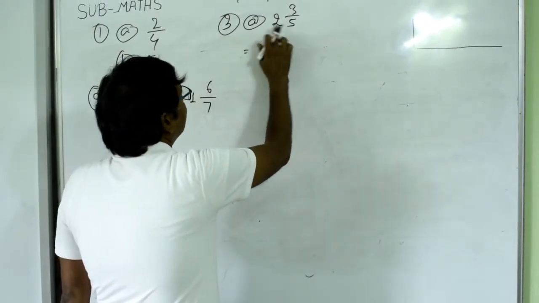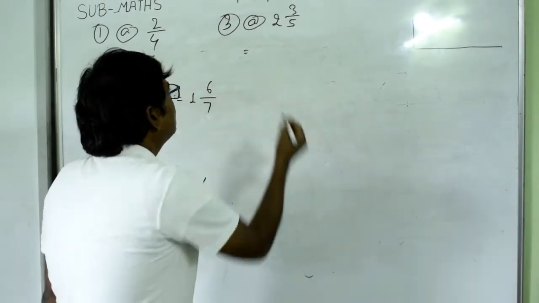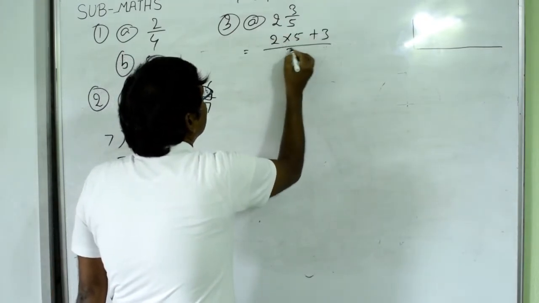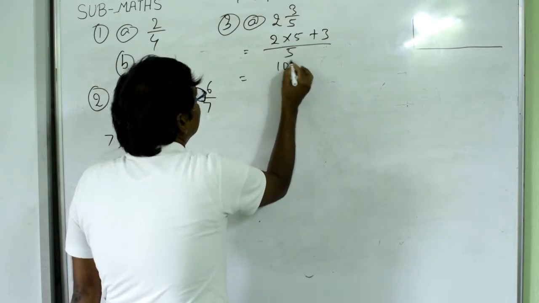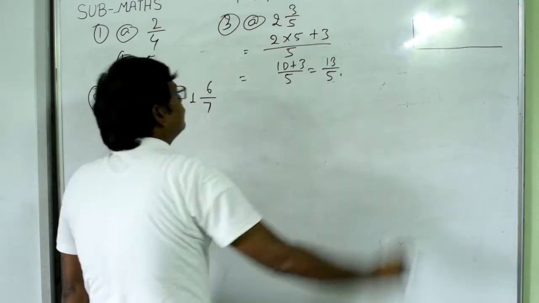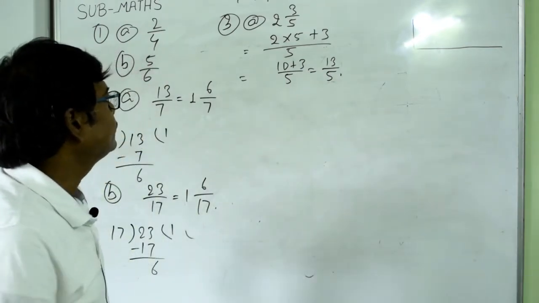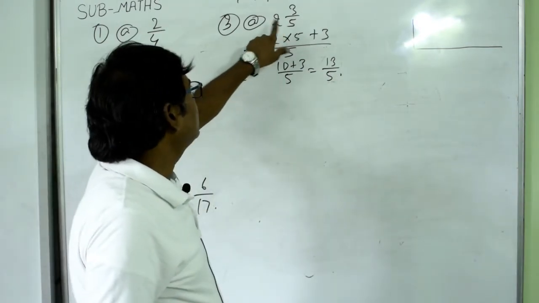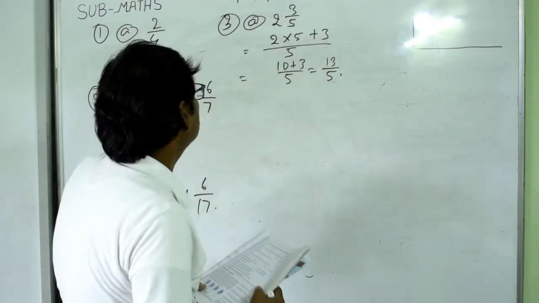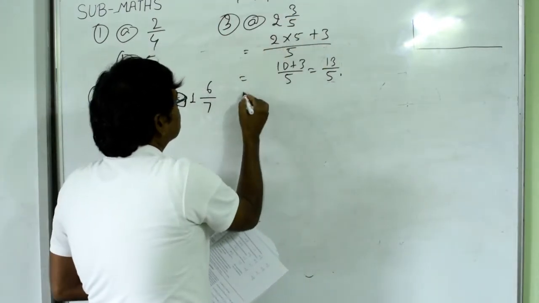Multiply 5 and 2, you will get 10. I will write 2 into 5 plus 3 by 5 equal to 10 plus 3 by 5 equal to 13 by 5. So the answer is 13 by 5. This is the rule: 5 twos are 10, plus 3, that is 13 by 5. You can also do it directly, but remember this process.